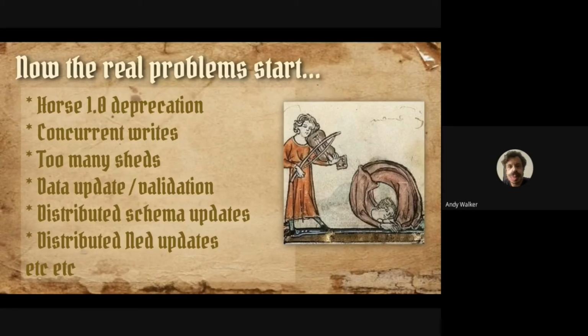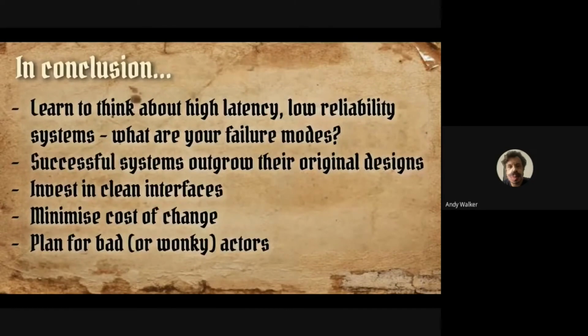We have to train clocks in the new way of doing things with the new structures. We need to push schema updates, and these things take a long time because they have to ripple through an infrastructure which may or may not be functioning at the time you're trying to do it, and so on and so on and so on. When you get to multi-region, you realize just how hard distributed computing can get. So this has been pretty quick.